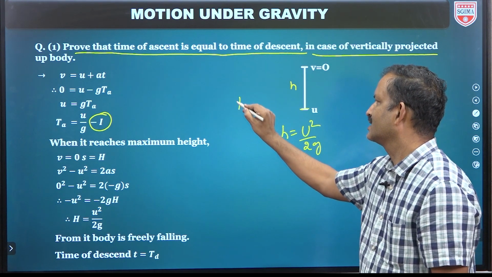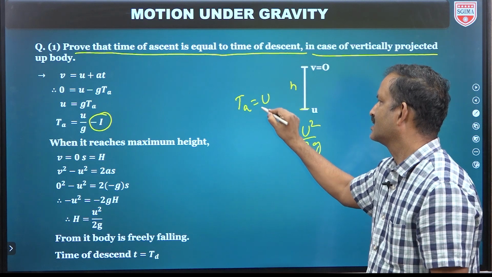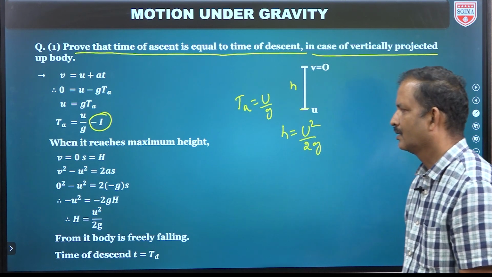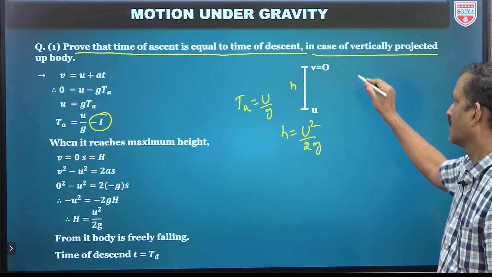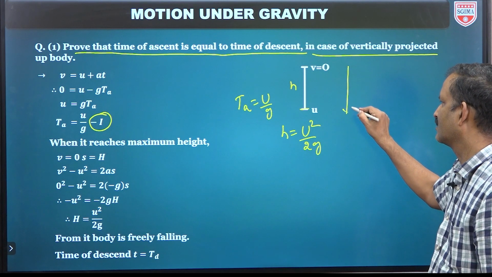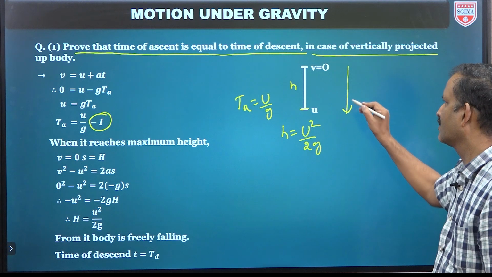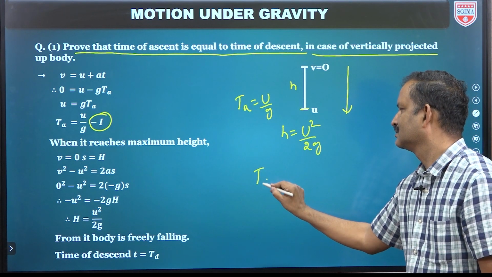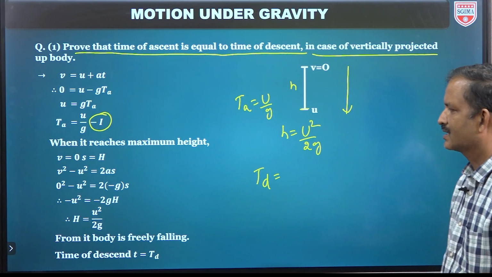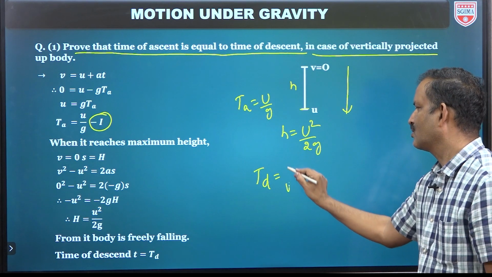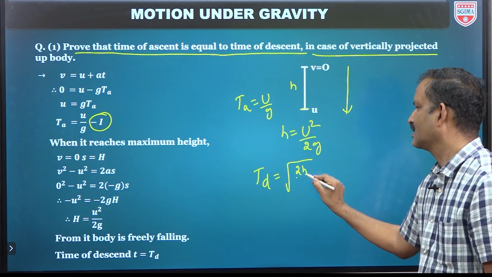Time of ascent is equal to u by g. Vertically projected up, after that, it reaches the ground. Whenever it reaches the ground, time of descent. What is time of descent? Already I wrote that root of 2h by g.